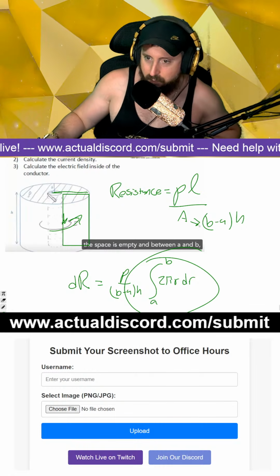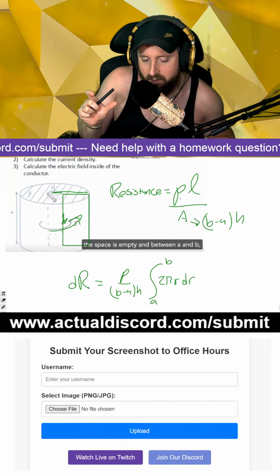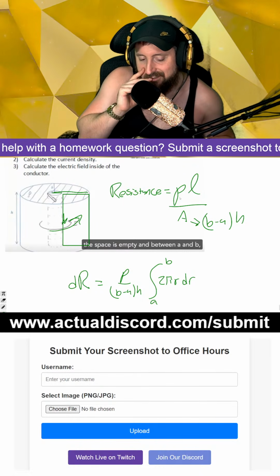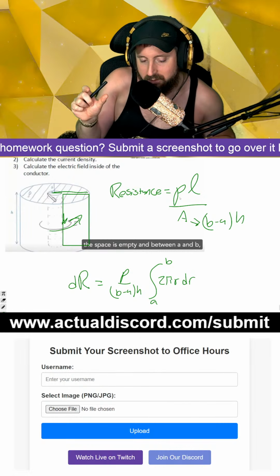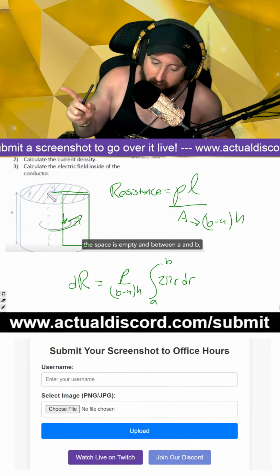Like for my length, my length is 2 pi r. But, oh, I think it's 2 pi dr. No, we need the r in there.